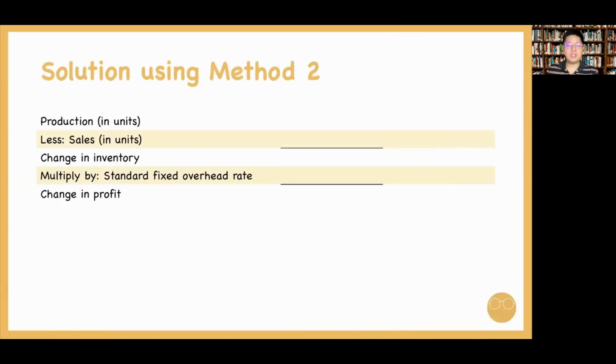Now let us use the production and sales method. If the level of sales is greater than the level of production, then the profit under variable costing is higher than under absorption costing. Our production here is 20,000 units, and our sales is 22,000.